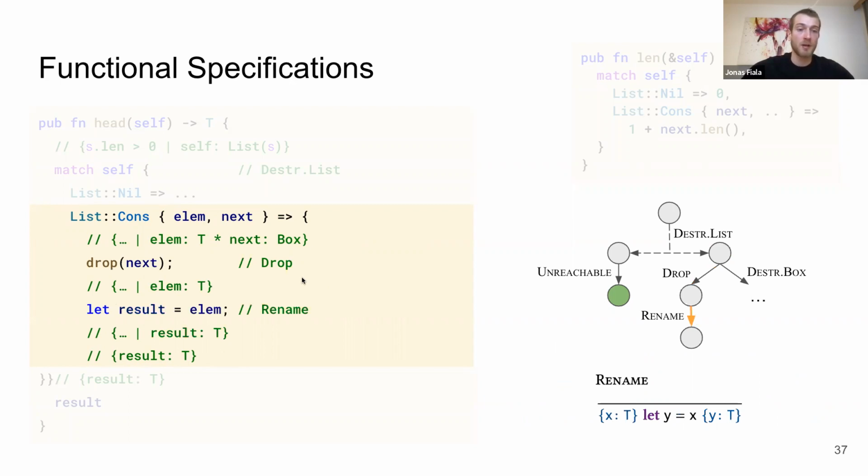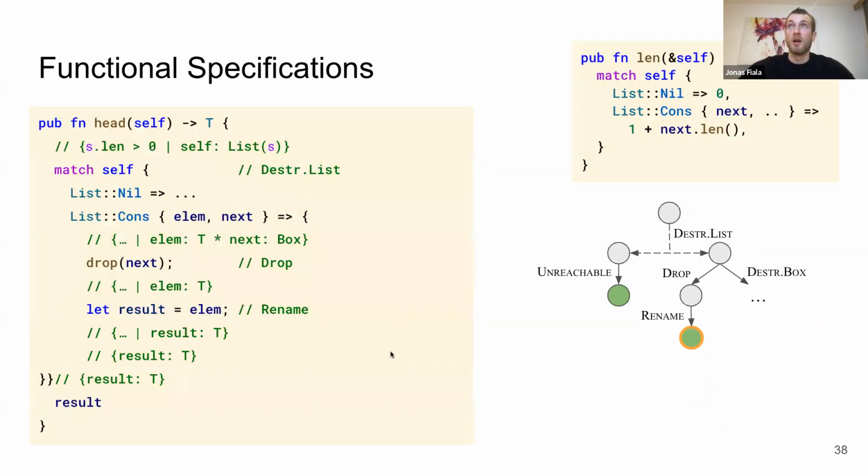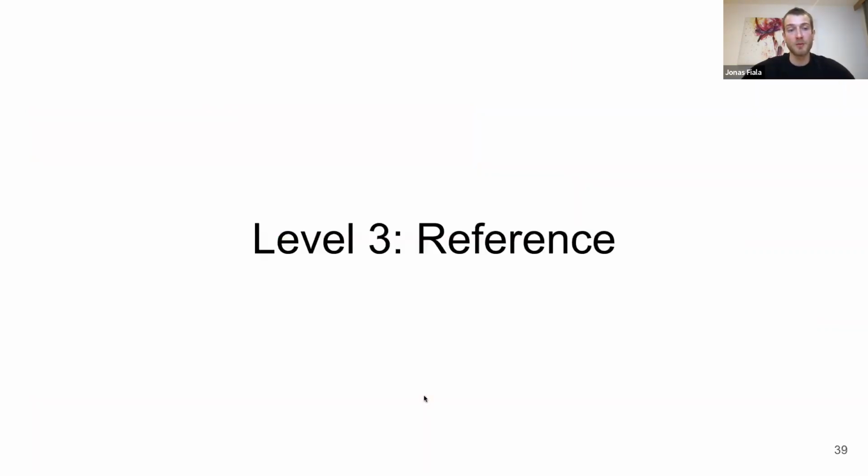There's a little rename rule to just get the names correct. But essentially, this is a simple case where we're done super quickly. So here's the solution for the cons case, but the one that was actually interesting was the nil case with the specification. Let's move on to one last example.